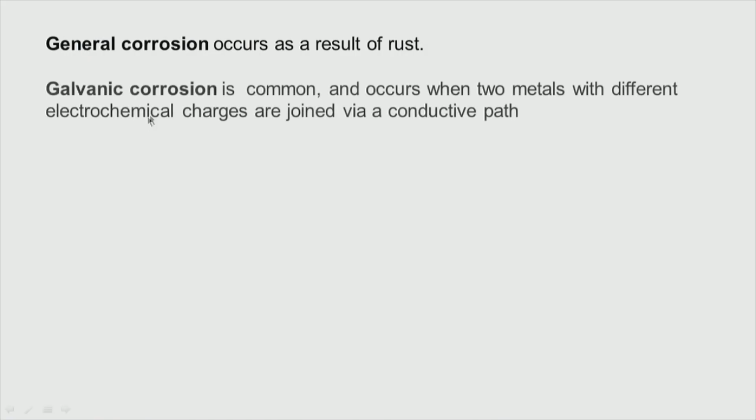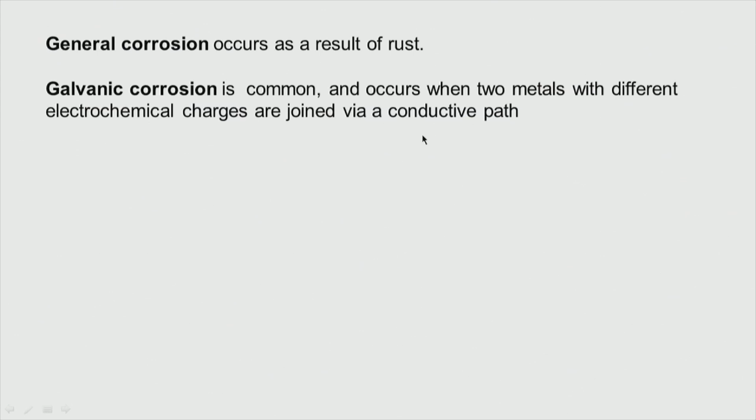So galvanic corrosion is a common type and occurs when two metals with different electrochemical charges are joined via a conductive path. So if I have, for example, even your prosthetic which contains cobalt, molybdenum, chromium, so there could be galvanic type of corrosion because of electrochemical nature.